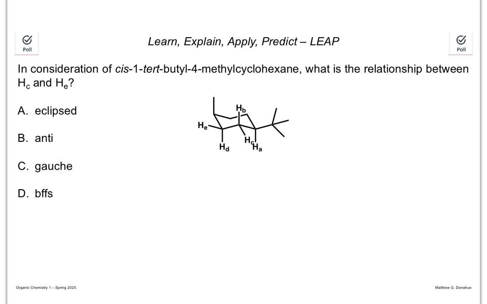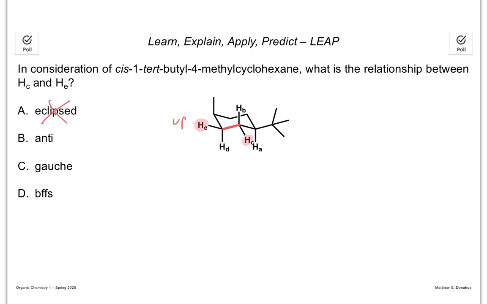So we have HC to HE. And if we were looking again down that bond, what is their relationship? So essentially C and E are both equatorial, so di-equatorial. What's their angular relationship? So they can't be eclipsed, right?